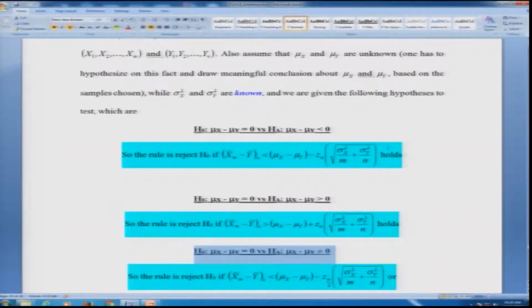Hence, you will lose 1 degree of freedom in sample 1 and 1 degree of freedom in sample 2. Hence, the total degrees of freedom would be m plus n minus 2, where m is the sample size taken from population 1 and n is the sample size taken from population 2. And you will have the rules accordingly.